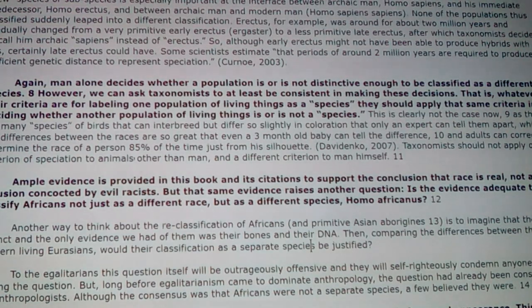Erectus, for example, was around for about 2 million years and gradually changed from a very primitive early Erectus ergaster type to a less primitive late Erectus type, after which taxonomists decided to call him archaic sapiens instead of Erectus at a point. So although early Erectus might not have been able to produce hybrids with HSS, certainly late Erectus could have. Some scientists estimate that periods of around 2 million years are required to produce sufficient genetic distance to represent speciation. Curnow noted this in 2003.